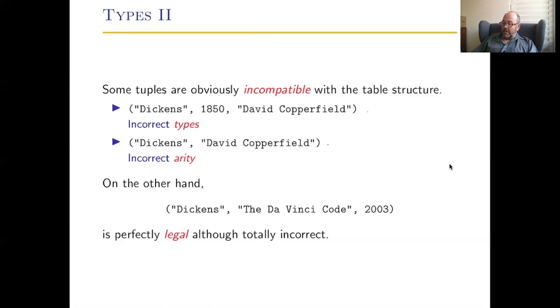This second one can't be a legal tuple of the book table because it's got the wrong arity. It's only got 2 fields, and we have to have 3 fields. On the other hand, this is a valid or legal tuple, but it's not actually true. It's not a correct tuple in the table.